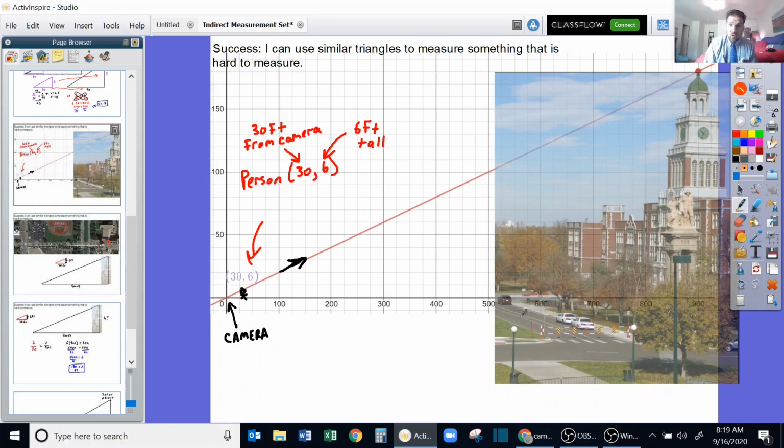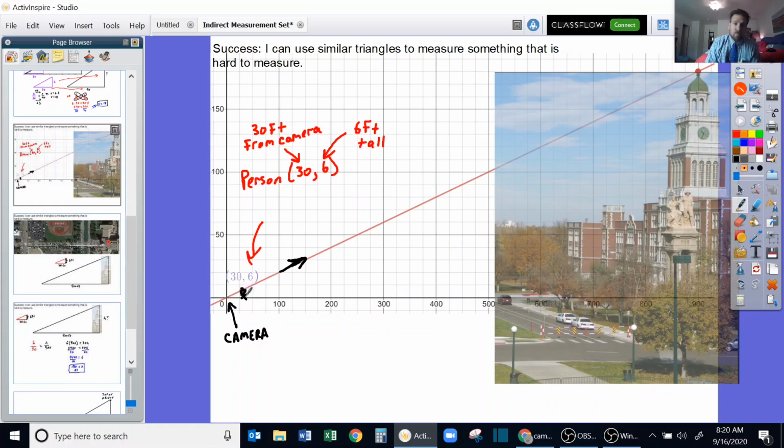Well, then what I have is a setup like this, and I put it on graph paper here. Here's East High School that extends up here, and then here's the top of my head, and I'm saying I'm about 6 feet, and I've lined up that camera lens so that I can see that that's a straight shot from where the camera is on the ground all the way up to the top here, and it's a straight shot all the way up top of my head.